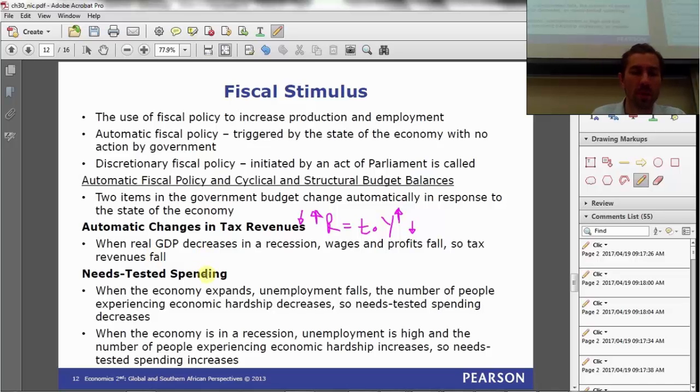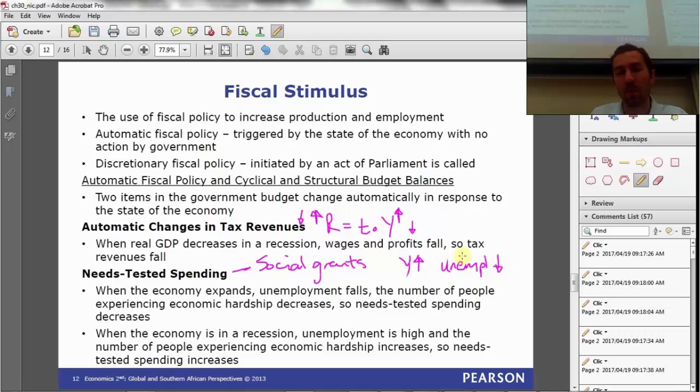What about spending? When the economy expands, unemployment falls, and the number of people experiencing economic hardship decreases, so needs-tested spending decreases. In other words, needs-tested spending is things like social grants. So what happens as output increases? As output increases, unemployment decreases.